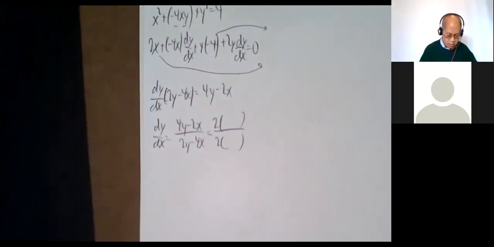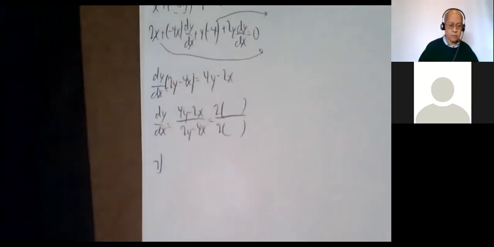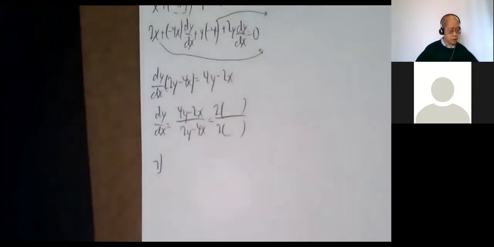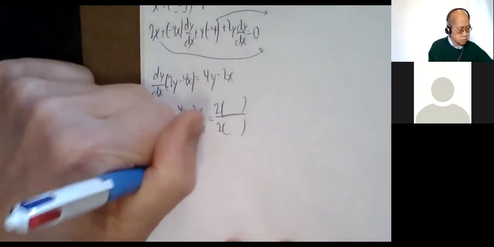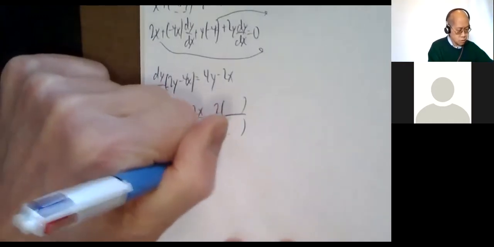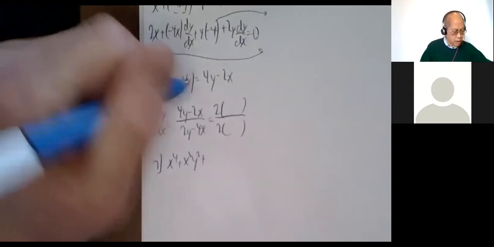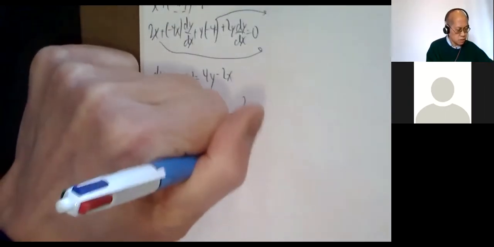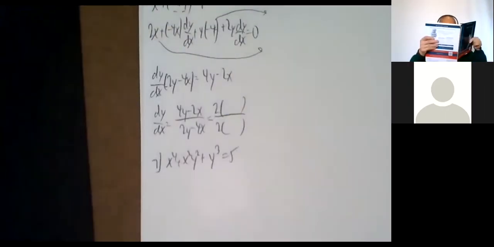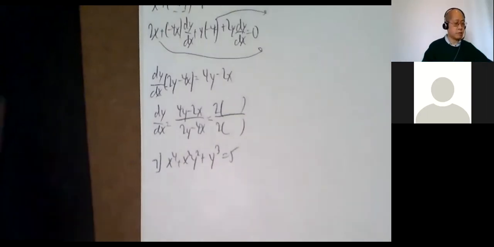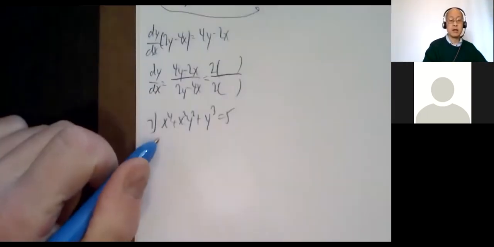Okay, 7 x to the 4th plus x squared y squared plus y cubed equals 5. Unfortunately, I can't see the book from the distance that I'm at.